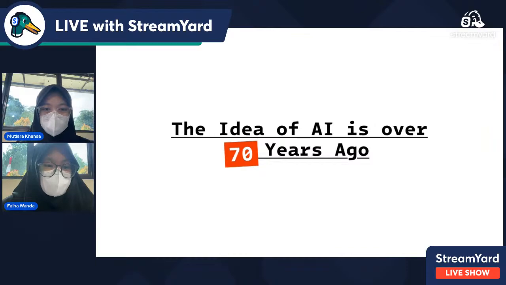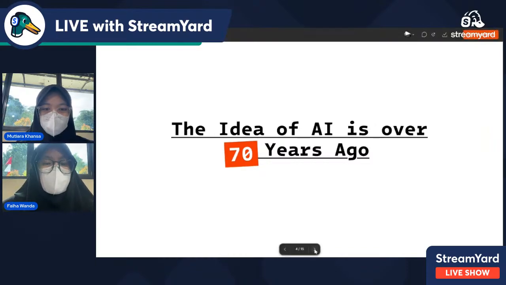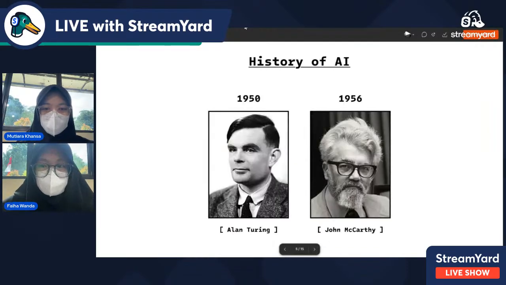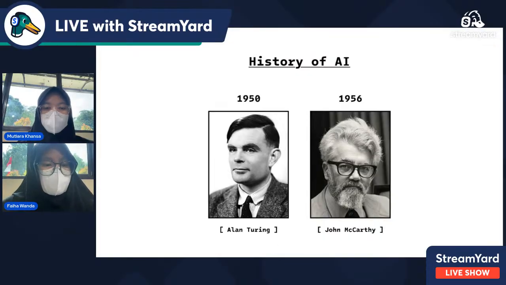Move to the history of AI. In 1950, a scientist named Alan Turing asked an interesting question: if humans can think, why can't machines? This simple question became the beginning of AI research. Then, in 1956, John McCarthy introduced the term artificial intelligence at the Dartmouth Conference.